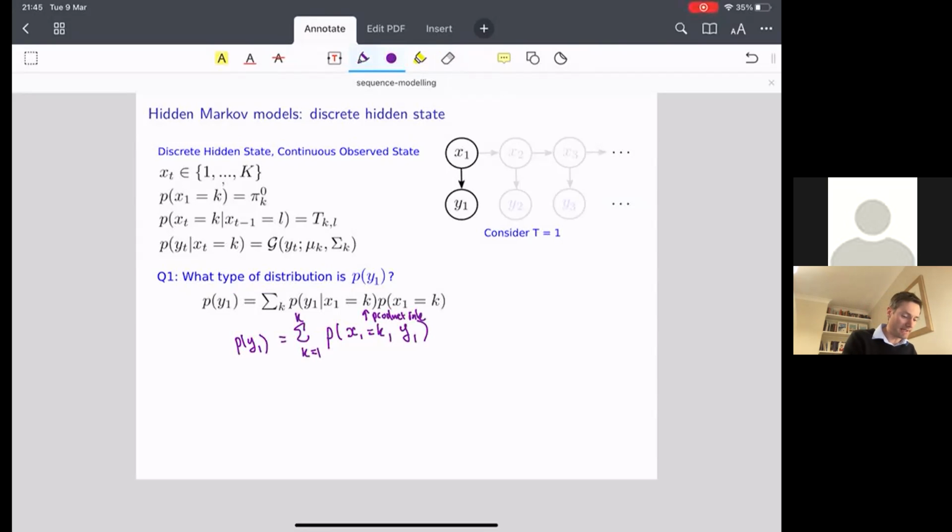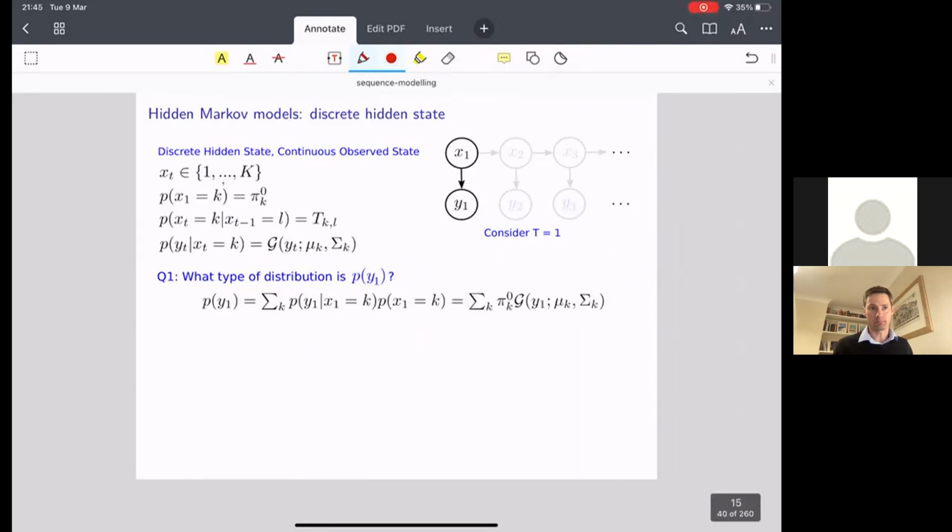And the reason why I'm doing that is I can now go and plug in the initial state probabilities in here and the emission distribution in here. Great. So when I make that substitution, I just get this thing. So the distribution over y1 is these pi's times these Gaussian distributions.